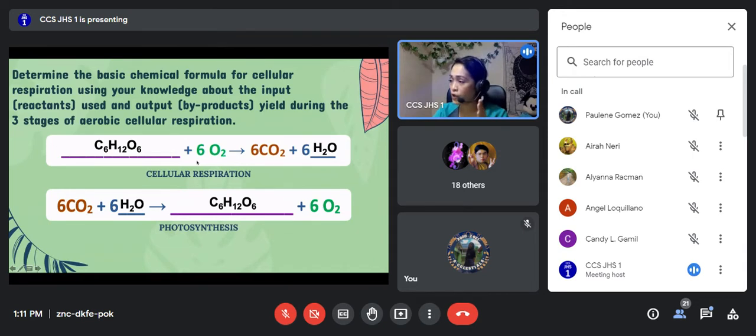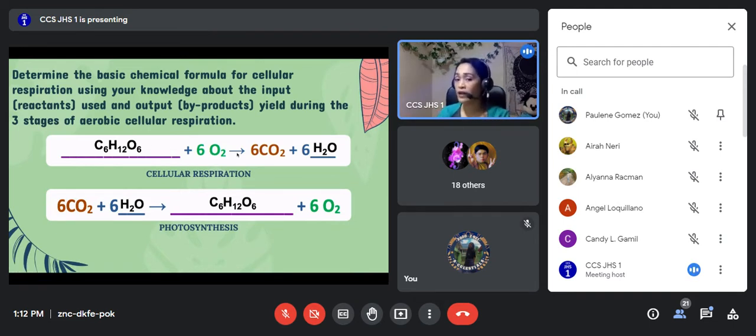So let us say theoretically, what do you think will happen if plants stop producing glucose and stop producing oxygen? What do you think will happen to cellular respiration? Will it still happen? No. So if one process stops producing its products, then the other process will no longer occur in our ecosystem.